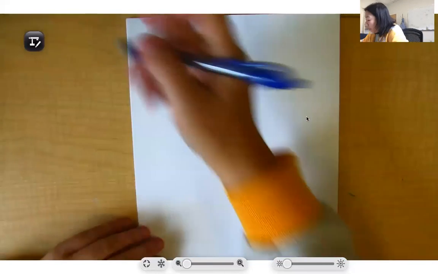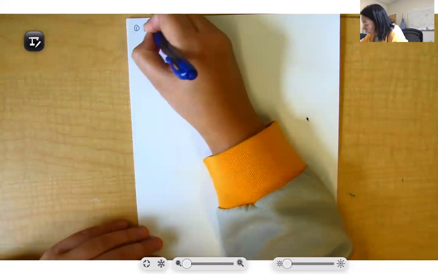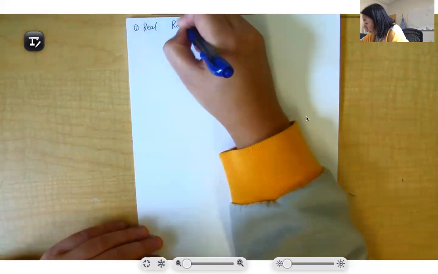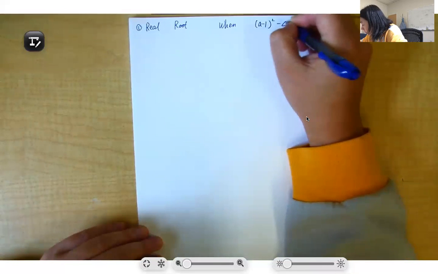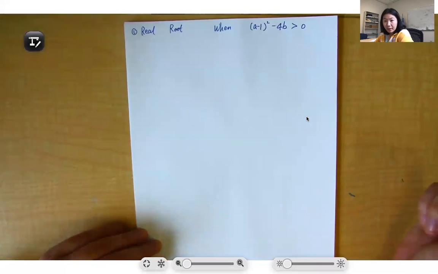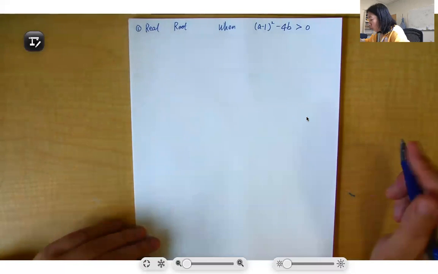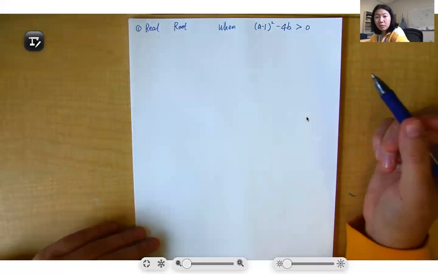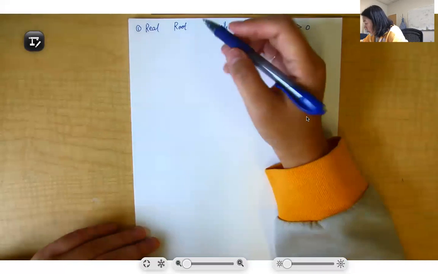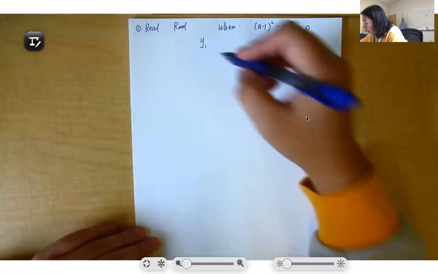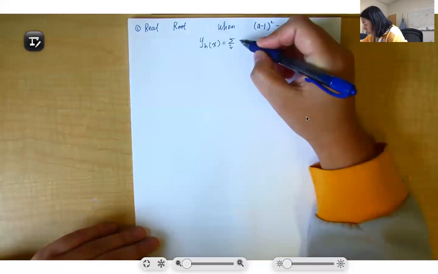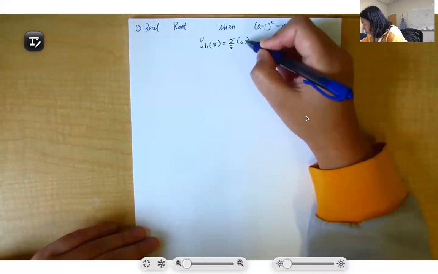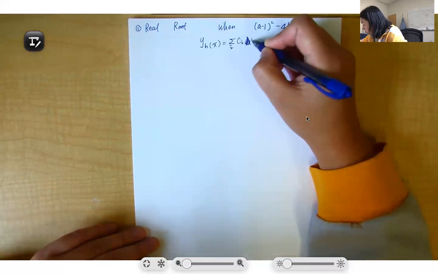Okay, so for the real roots, that is when (a minus 1) squared minus 4b is greater than 0, then you will have basically two different real roots. So your final solution will look like a combination of the two independent solutions.